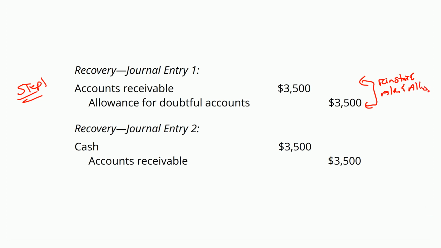So it's very simple. If you need to put an account receivable on the books, you debit the account receivable. So if you debit the account receivable, you credit the allowance. Basically, the gross amount of our accounts receivable just went up by $3,500. Our allowance account just went up by $3,500.